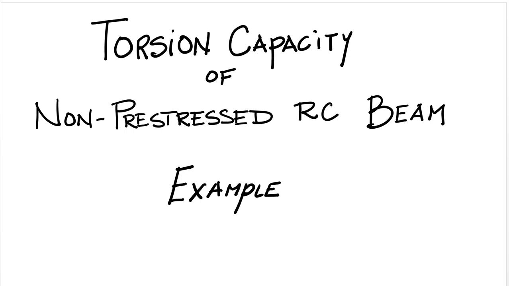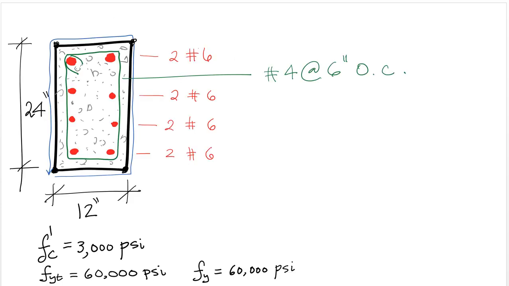In this lecture, I am going to present an example of how to compute the torsion capacity of a non-pre-stressed reinforced concrete beam. The cross-section of this beam is going to be 12 inches in width and 24 inches in depth.